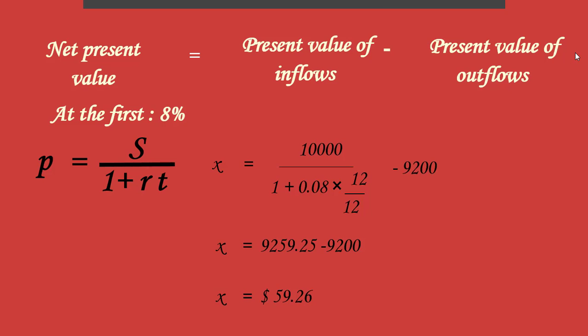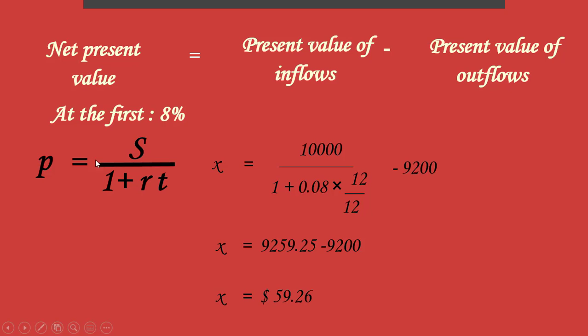The main formula here is that the net present value equals the present value of inflows minus the present value of outflows. It's clear that the present value of inflows has a positive sign and the present value of outflows has a negative sign.